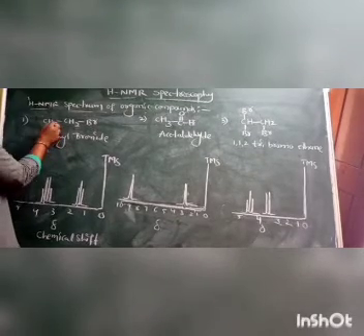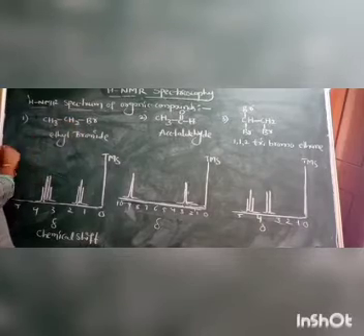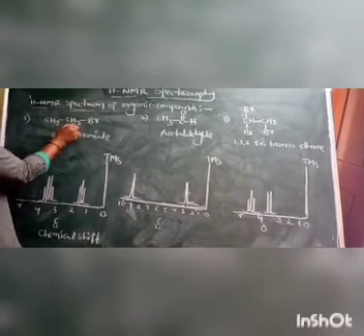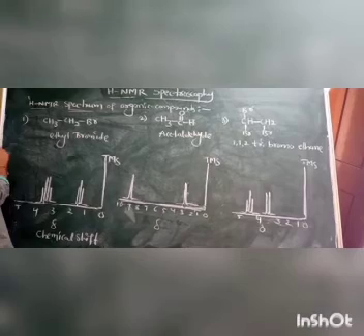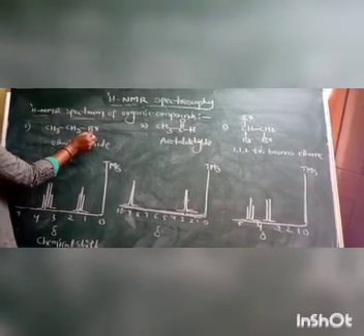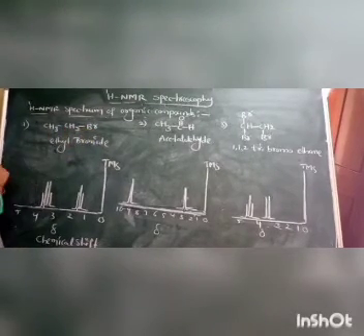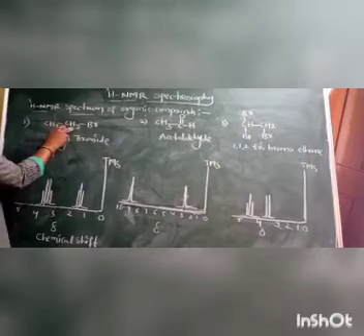One methyl group is there and one CH2 group is there: 3 protons and 2 protons. This CH3 is far away from the bromine atom and CH2 is near the bromine atom. That means the connectivity is different.